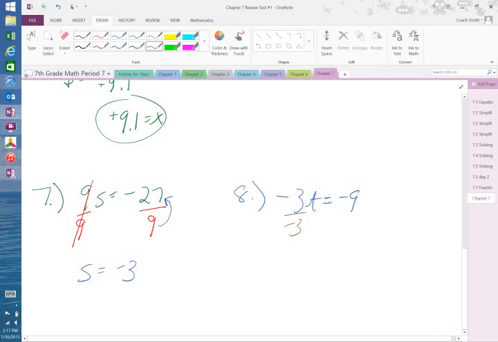So negative 3 into negative 3 cancels, giving me 1, leaving me with the t. Negative 9 divided by negative 3 is 3. And it is positive 3 because of the two negative signs. Okay?